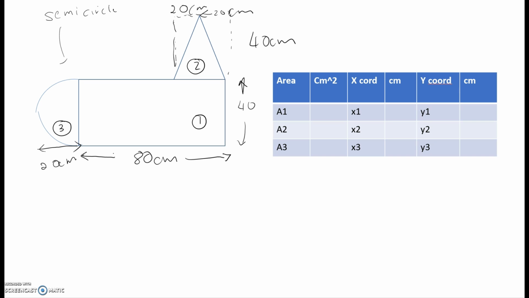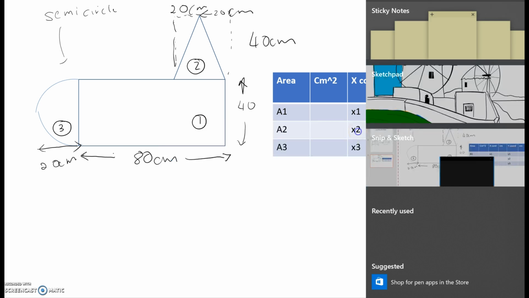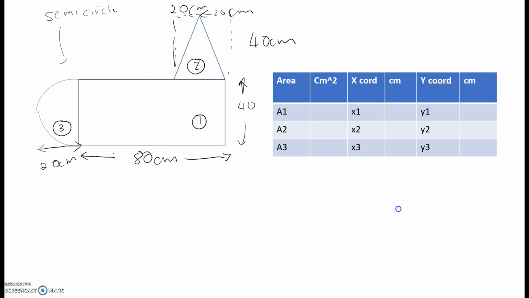A1, the area of the rectangle, that's easy, that's 80 by 40, so that's 3200. A2, the area of a triangle, is half the base times the height, so that gives you 800.